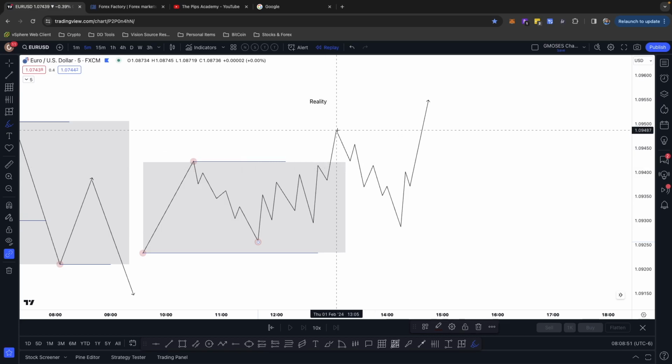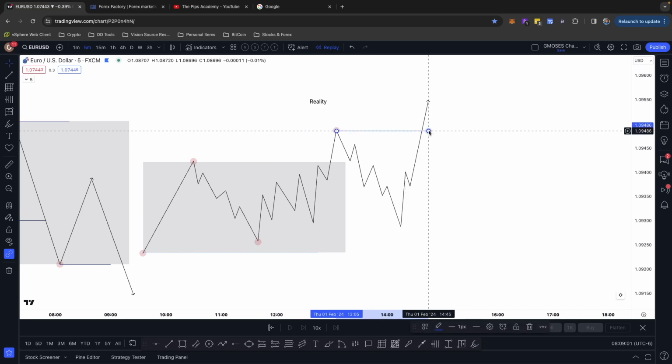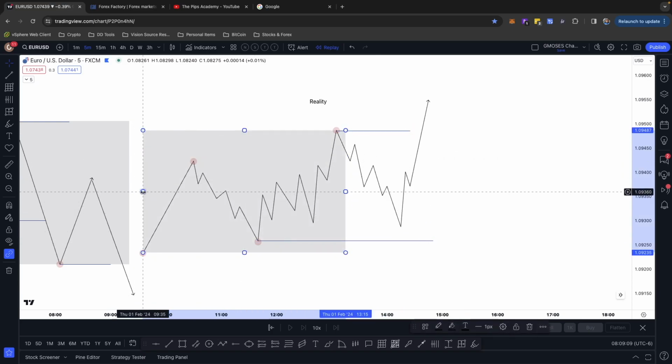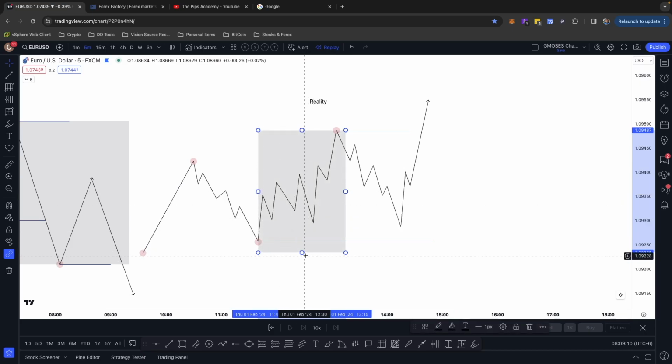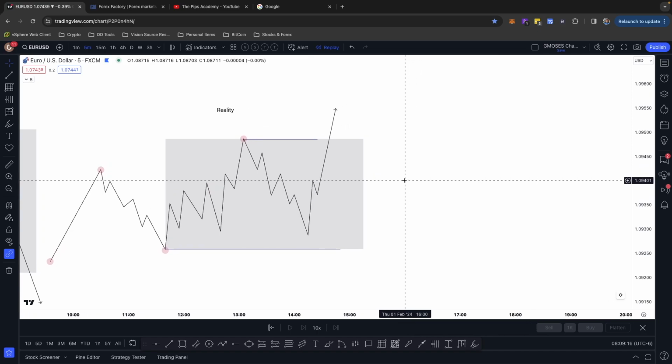And then when it broke out of the box, once we start to see a pullback, this is our next swing point. So now I can move this up to this area here, and I can move this to this area right here, and we can transition our box here. That way we have a clear picture of what our internal structure is. So I hope that makes sense.